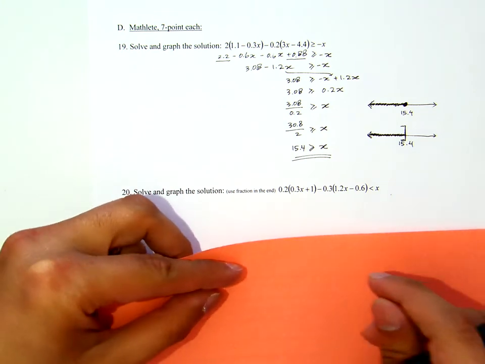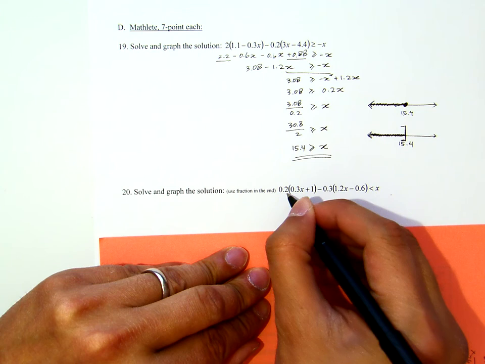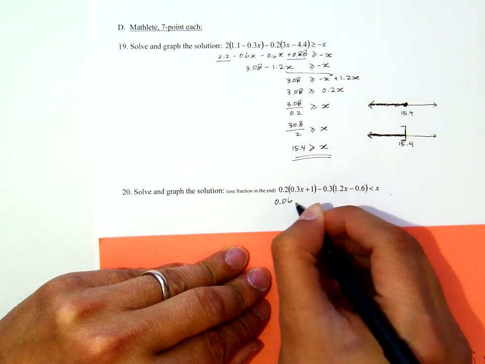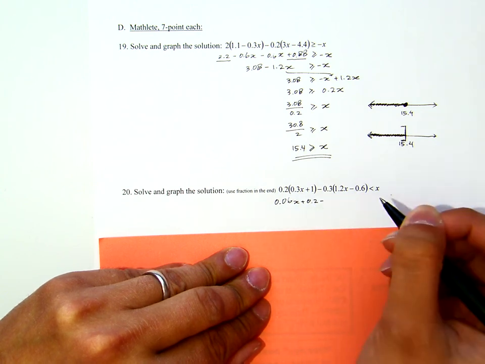Now let's try to execute this. 0.2 times 0.3x is 2 times 3 is 6, but with 2 decimal places, x plus 0.2 minus 0.3 times 1.2.